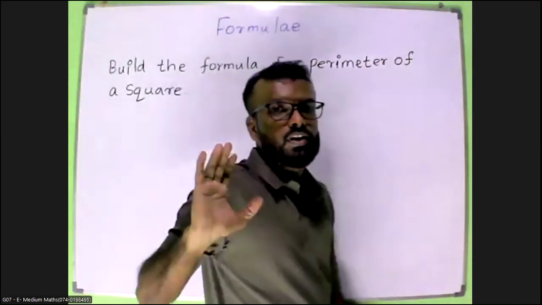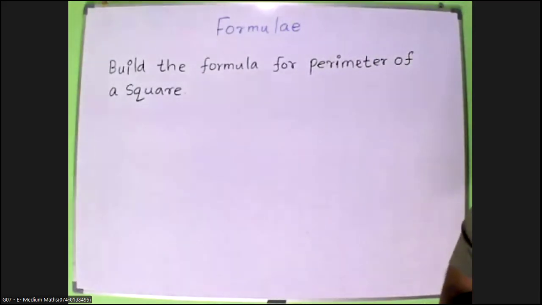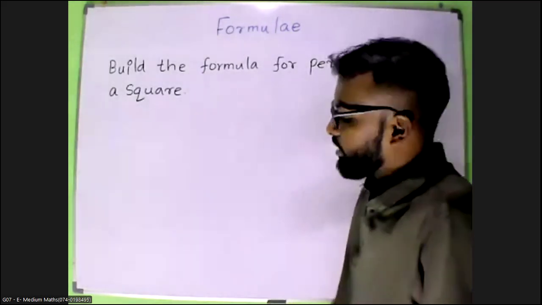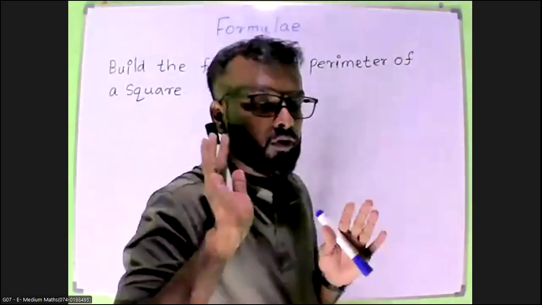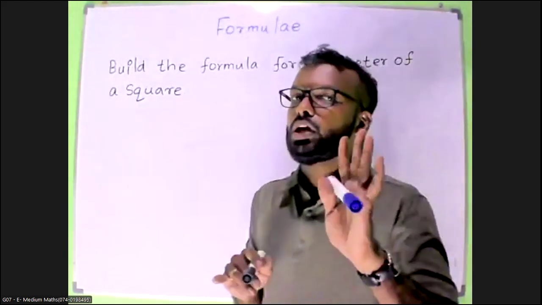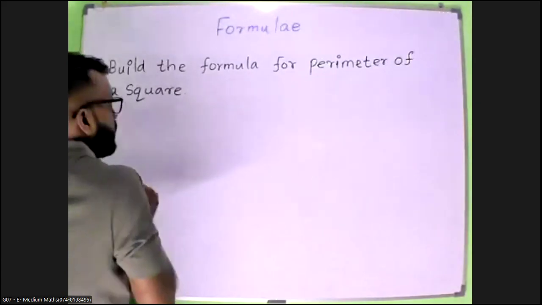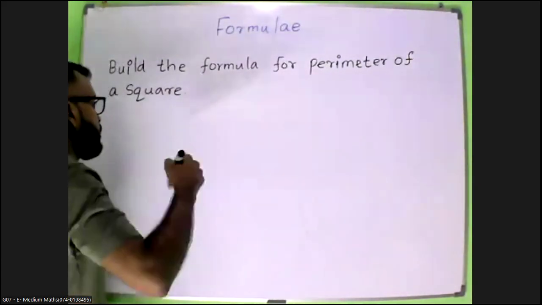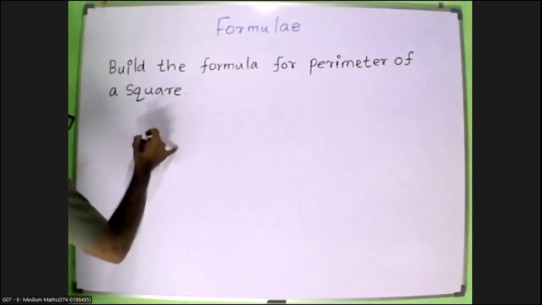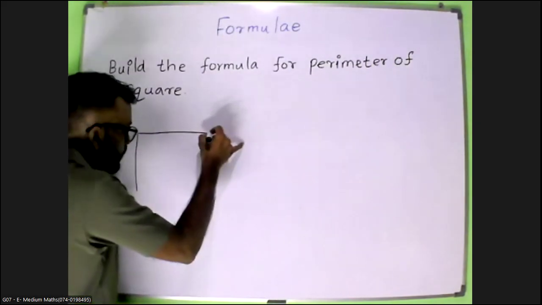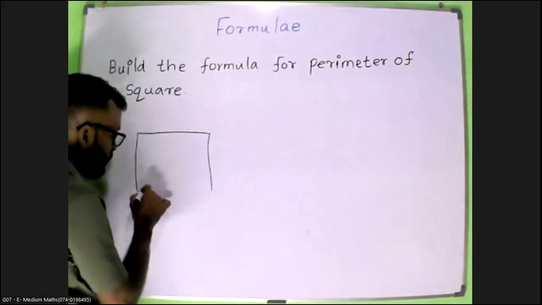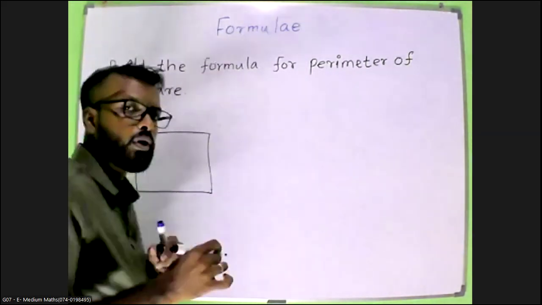You know this one. Now look at the board. Don't do anything. I will give you the time to write. So what is a square? This is some kind of a square.